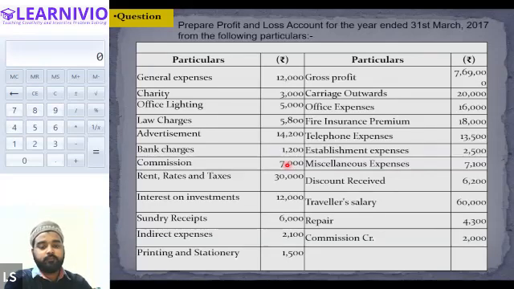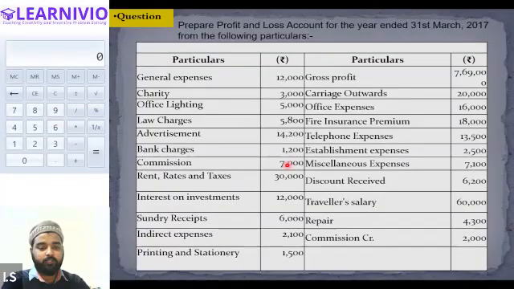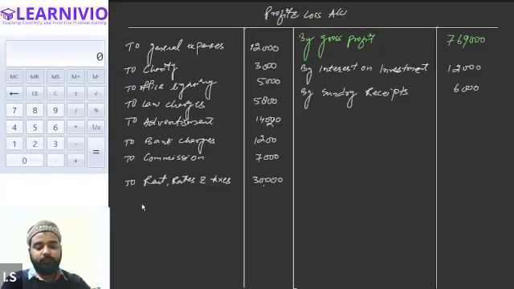Next, we have indirect expenses. Tell me on which side? It is the debit side. It is given by the name of indirect expenses, so we will be recording it on the debit side, to indirect expenses, 2,100.